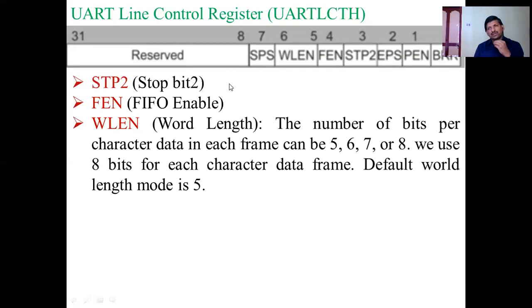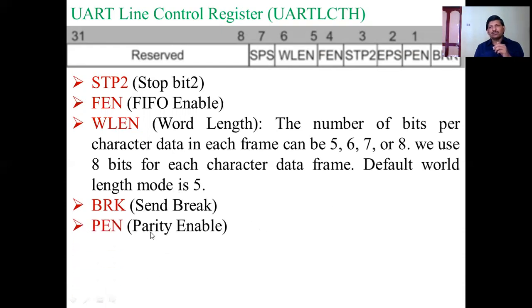Whenever you want to transmit 6, 7 or 8 bits, according to that we give a value to the word length. 00 means 5 data bits are transmitted, like that. Next, break. After completing the transmission of the frame, we send the break signal, and at that time that value is 1.